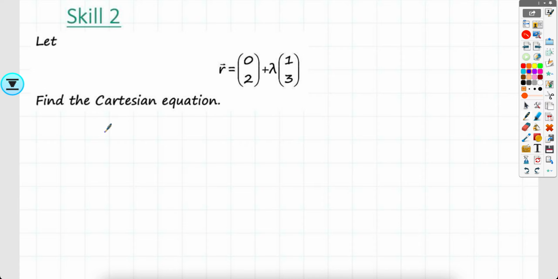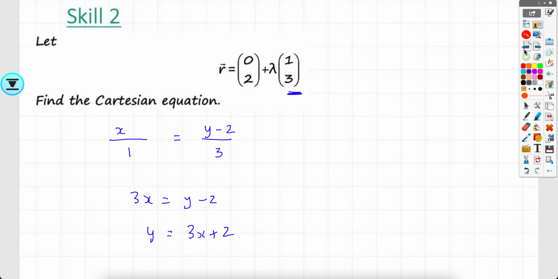I will immediately go to the Cartesian form of a vector equation, which is just taking these as the denominator, and then I have x minus 0, and y minus 2, and then I'll just make y the subject here. So I have 3x equals y minus 2, and y is equal to 3x plus 2.